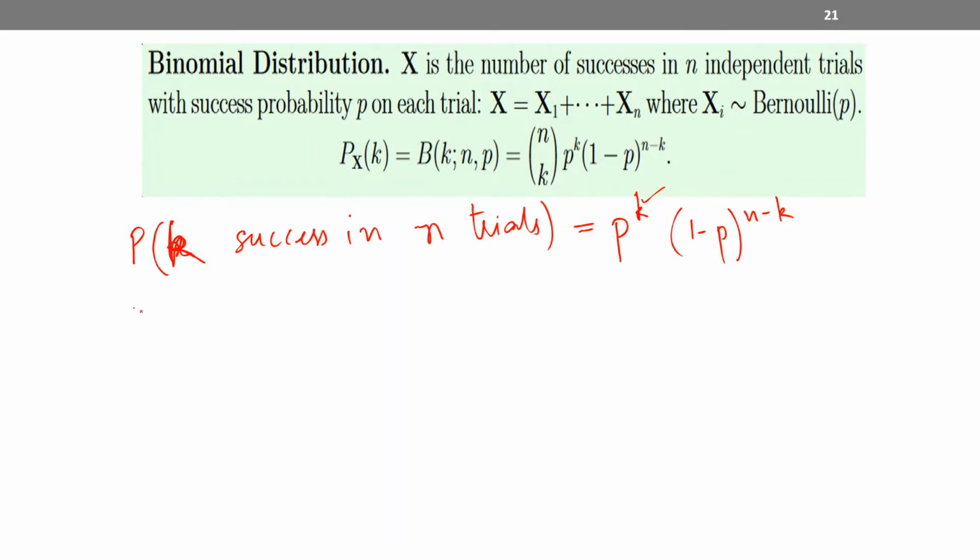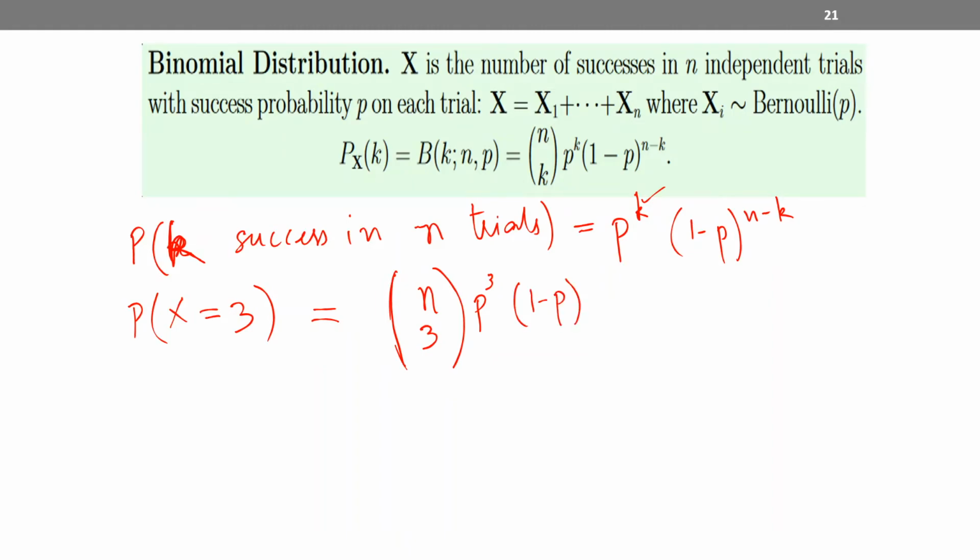For example, going back to our n equals 5 example, we can have all possible values where I'm getting 3 successes by using the binomial coefficient, n choose 3, and then p cubed (1 minus p) to the n minus 3, right?